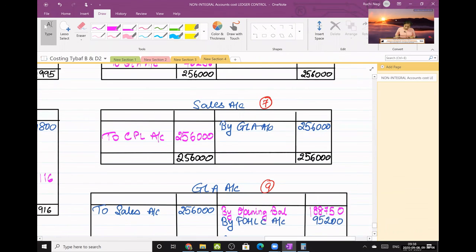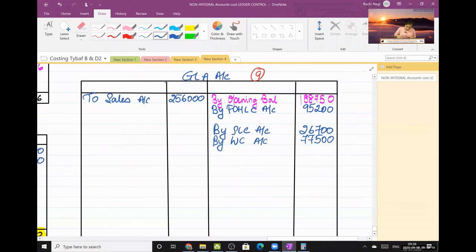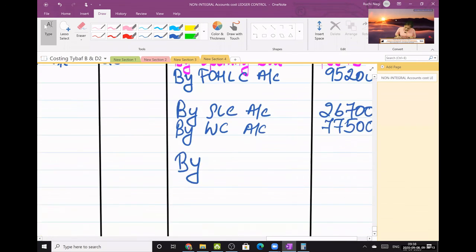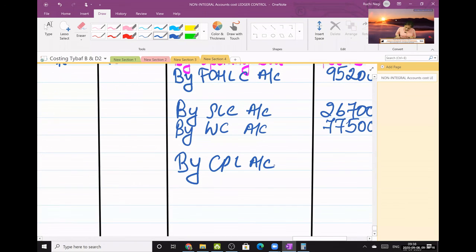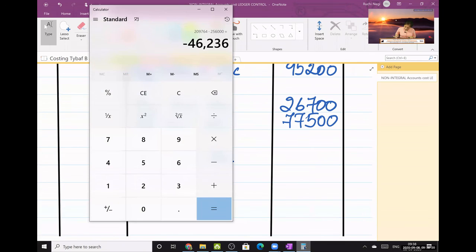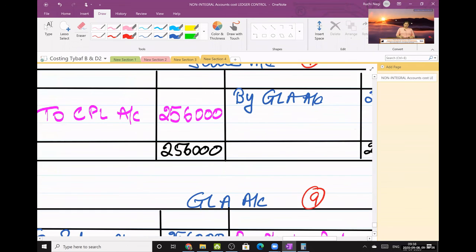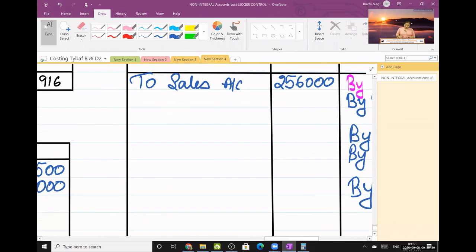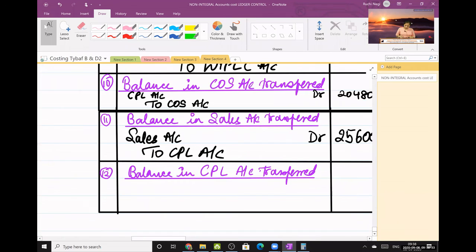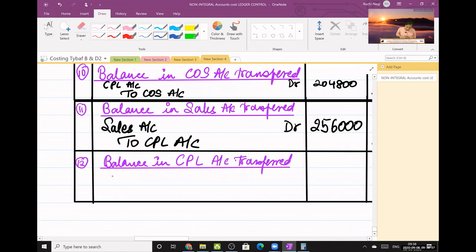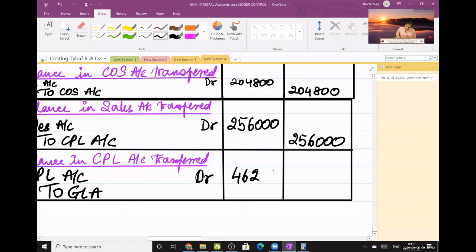The second effect to GL is by CPL account 46,236. In the journal entry you will have to write CPL account debit to GL, 46,236.